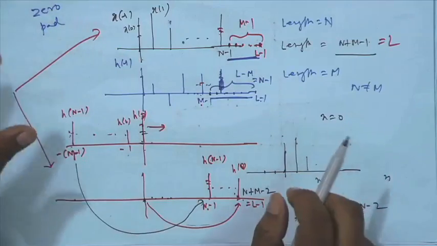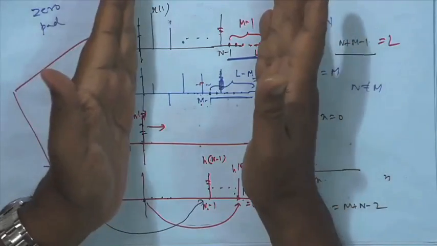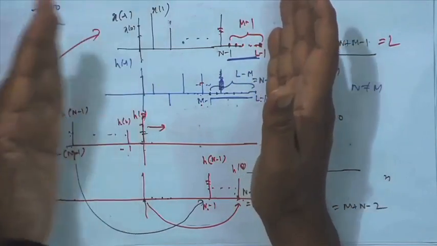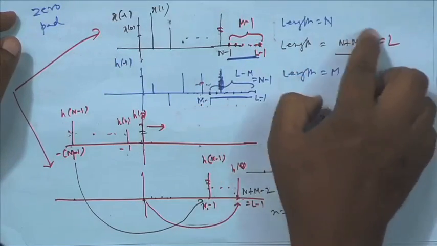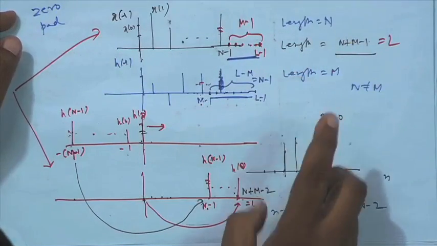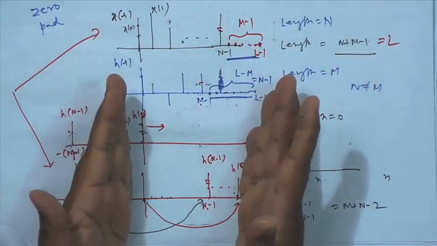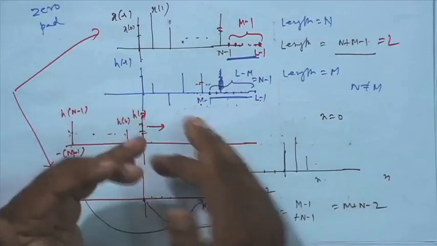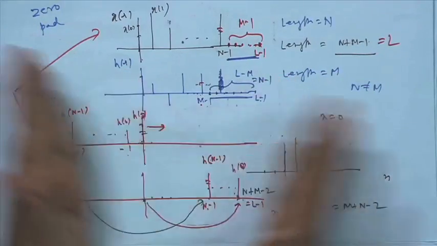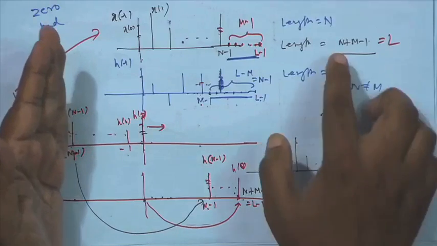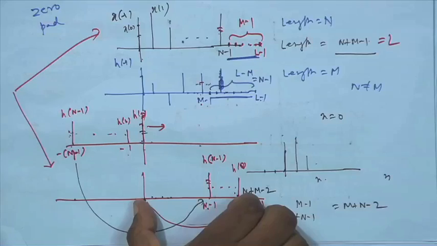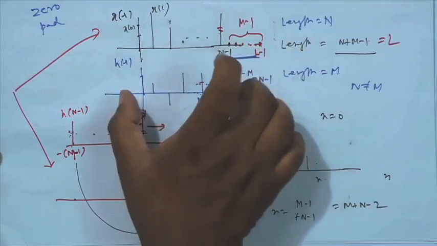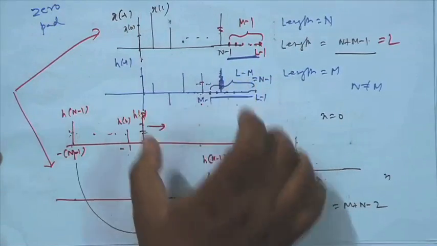This technique is called zero padding. So, I made both the sequences of the same length L, from 0 to L minus 1, where L is, in short, m plus n minus 1, because that is the length of the final output that I have seen. After this linear convolution, the final output is wider, its total length is n plus m minus 1, that is L. So, I want to make both the input and H of that same length.